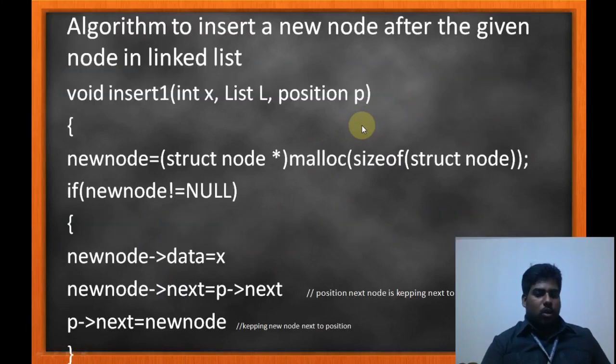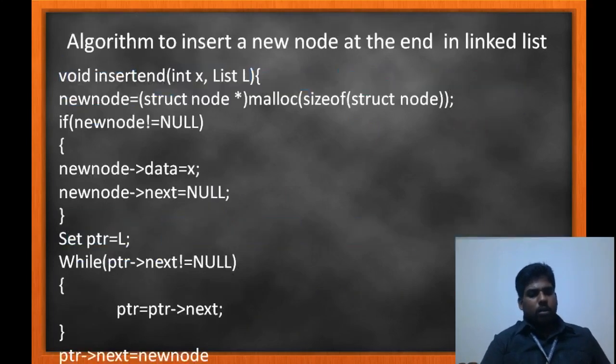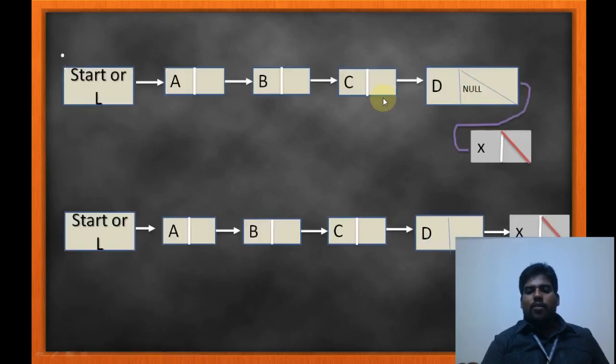Once it reaches null, the condition will be false. So it will come out, and at that time ptr next equal to new node. Till here the condition is true.